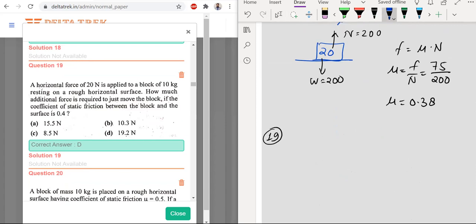Okay. So 10 kg box is there and a force of how much, 20 Newton is acting.